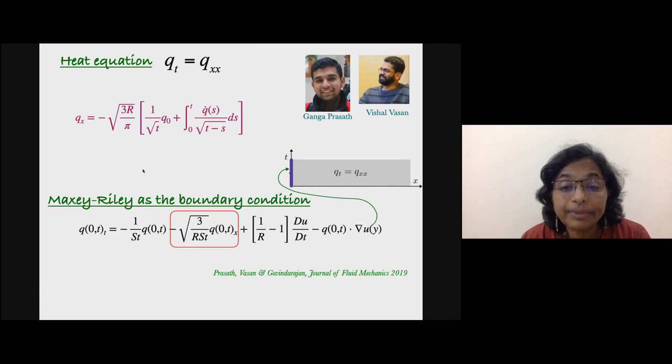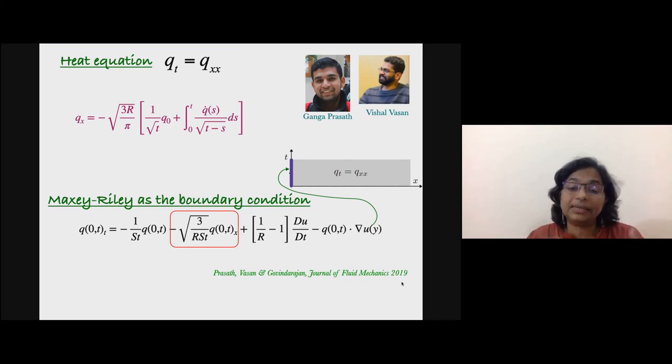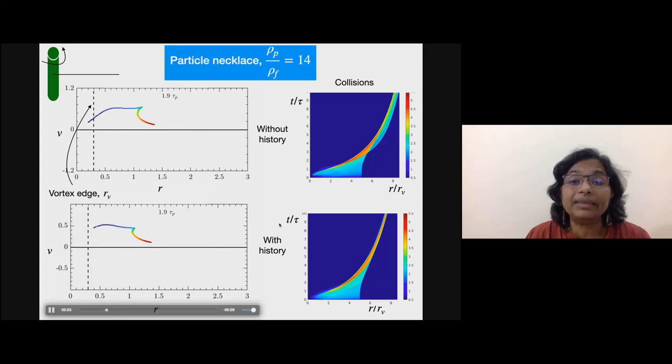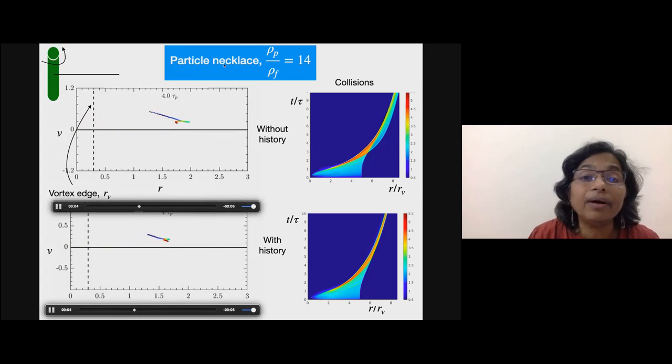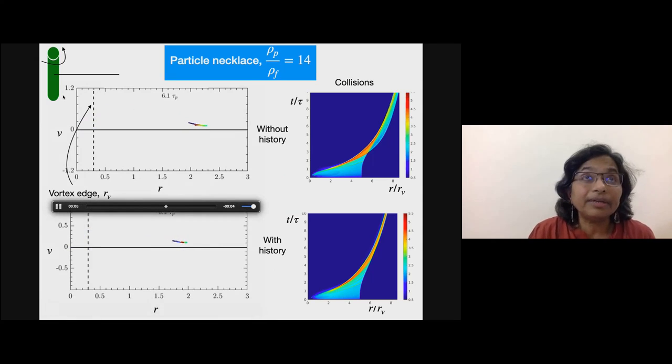Now I'll skip this, but I just want to say that we have a very nice method, which is Vishal Vasan's idea of solving for the Bassett history without enormous memory and enormous time costs. So I will encourage you to look at that. We use that method for this thing which we call a particle necklace. So what have we done here?